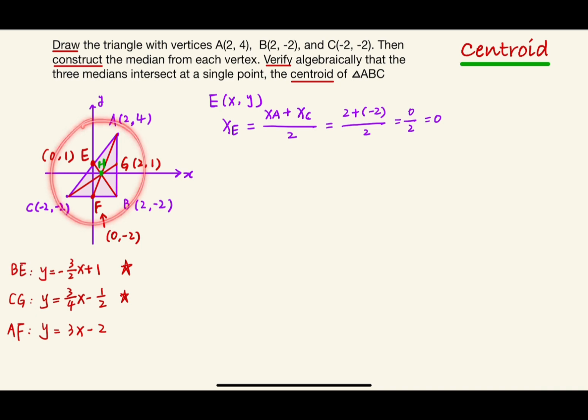From the graph, we can find point E is on the y-axis, so its x-coordinate should be 0. Okay, it's reasonable.